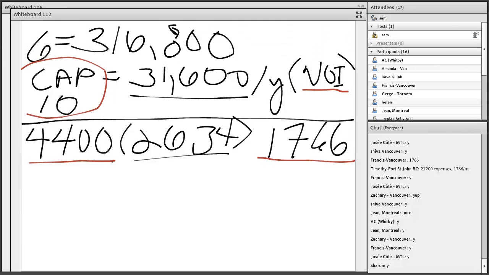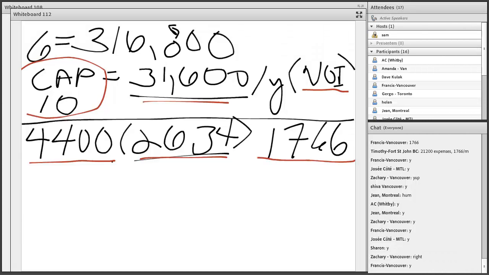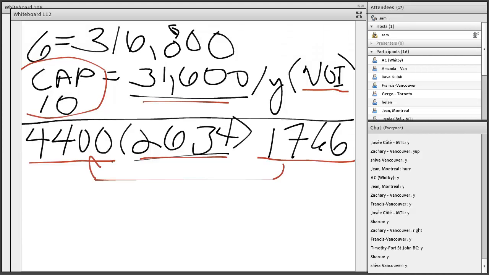Okay, so if I know that the cap rate I want is 10, that means 31,600 is what I need for net operating income. If I look down at the gross rents, that's the maximum my expenses can be, 1,766. All I did was take this number here, divide it by 12, and that's what gave me this number. I take it away from the gross rents, that gives me 1,766.